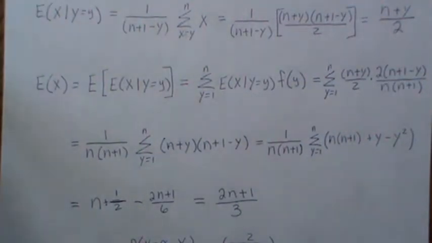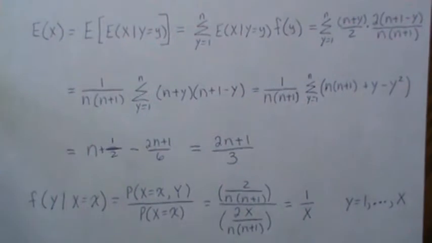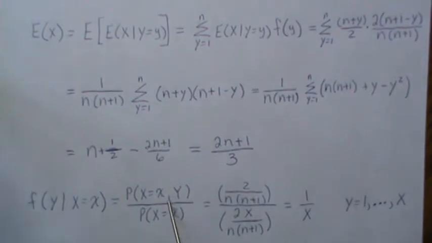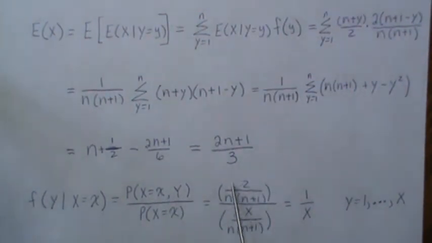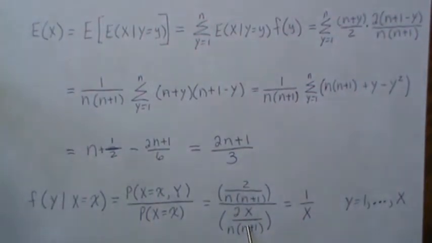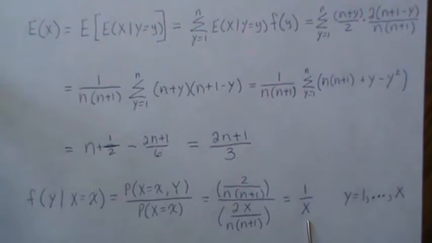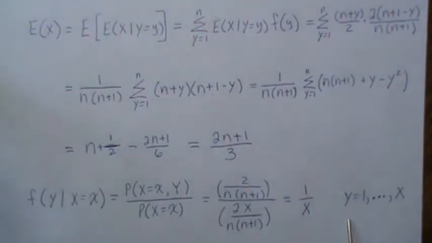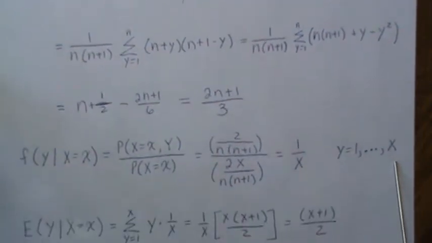And that's actually one of the main reasons why I kept going in this video, is to show you that piece there. But now let's do it for the f of y given x. So here we need to plug in the pieces of information we know. The bivariate distribution was given on page 1. The marginal of x is this, which we already calculated. That simplifies to 1 over x. And y goes from 1 to x.